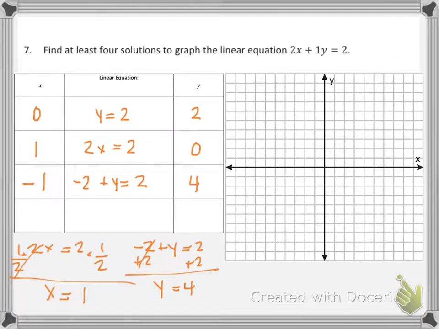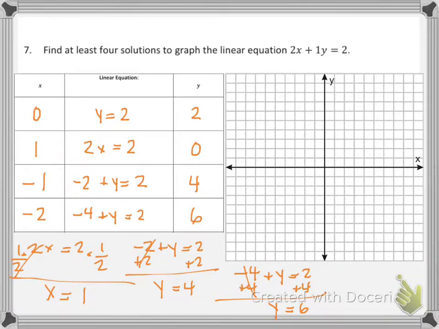And I like that x. I'm going to stick with that. That was easy work. So I'm going to put a -2 in, and 2x times -2 is -4, plus y equals 2. And let's see, -4 plus y equals 2. I'd have to add 4 to both sides. And that gives me y equals 6. Okay, so when x is -2, y is 6. And then we can plot them.